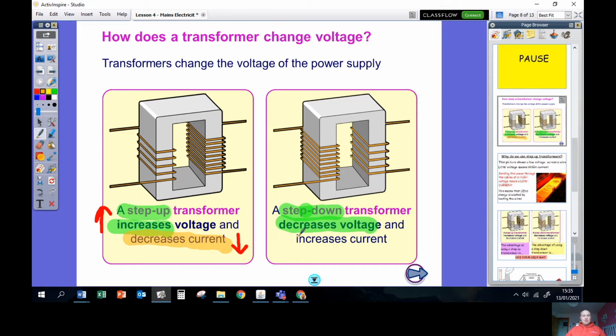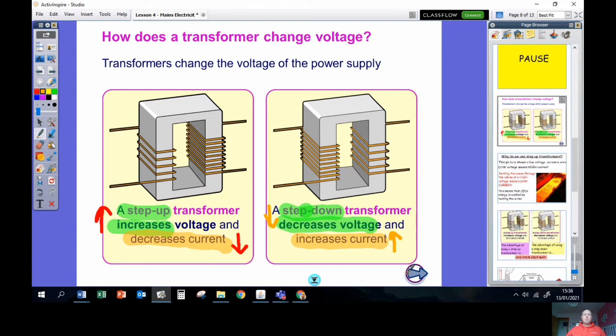It decreases the voltage, like we said, but that actually makes the current increase. So although it makes the voltage decrease, we've got increasing current. So these transformers are changing the voltage and the current at the same time.